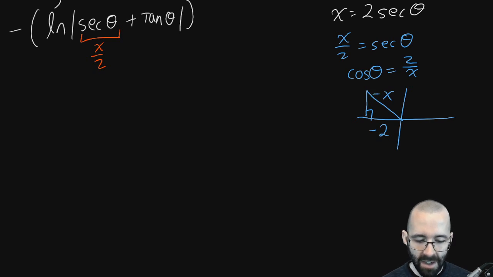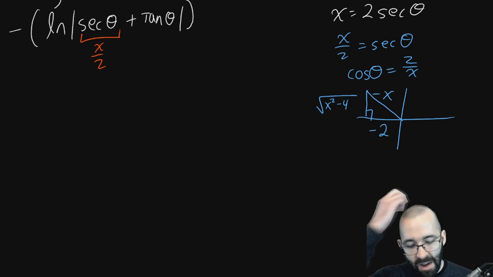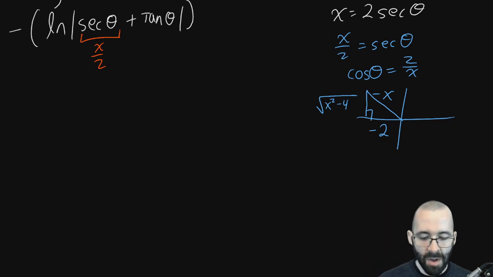Like x is negative here. I think we have to write it like this so it all works out. But anyway, it shouldn't matter for tangent how it's written. Use the Pythagorean theorem, and we're going to get the square root of x squared minus 4. Regardless of how it is, that's that square root.